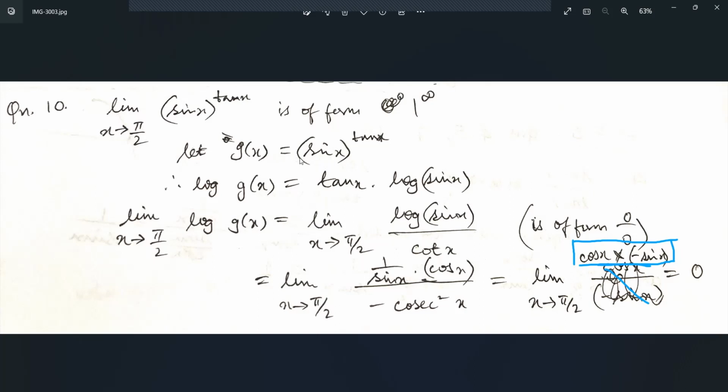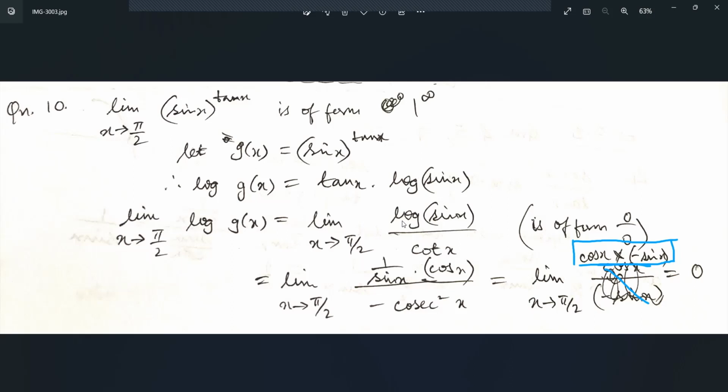So we have, let g of x equal to sin x to the power of tan x, and then I take the logarithm. So log of g x gives us tan x comes outside, tan x into log of sin x. Now when I apply the limit as x tends to pi by 2 of log g x, I keep log of sin x in the numerator, and for the denominator we write cot x, because 1 by tan x is cot x.